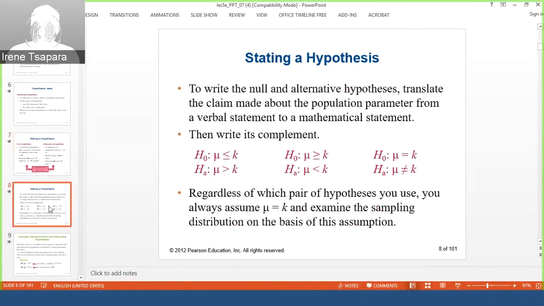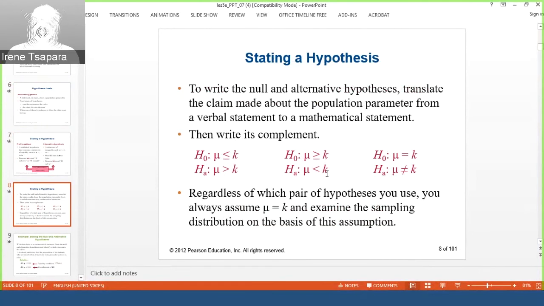For example, after you have your claim and you translate your claim to either null or alternative, assume that you're running a test on your mean. The three different cases that you may have are the ones that you see in red right here. These are the pairs of null and alternative hypotheses. As you can see, each one of those pairs are statements that are complementary.